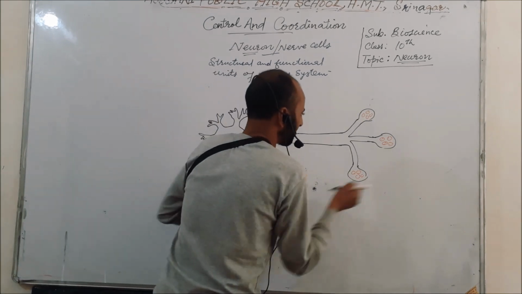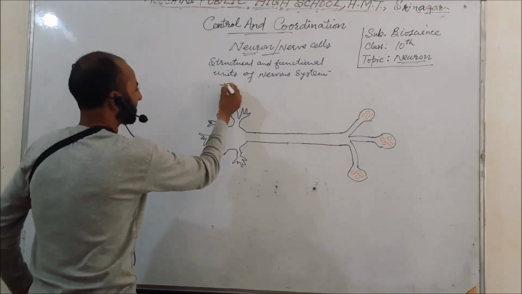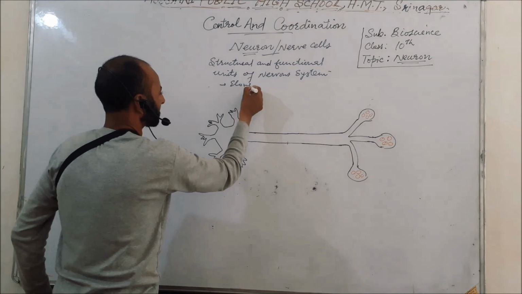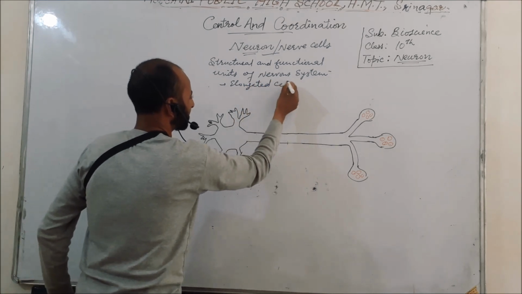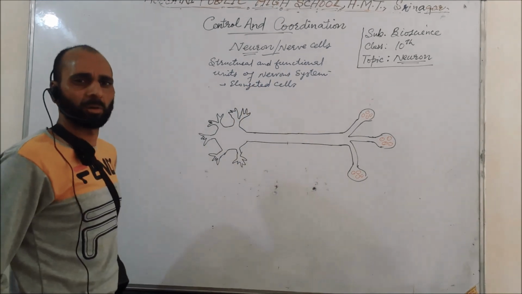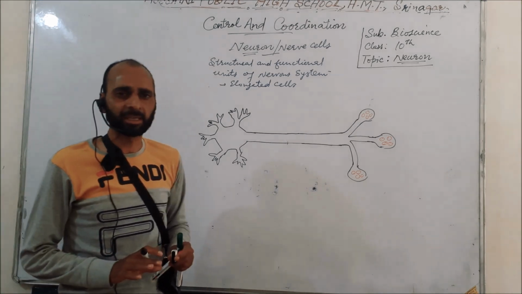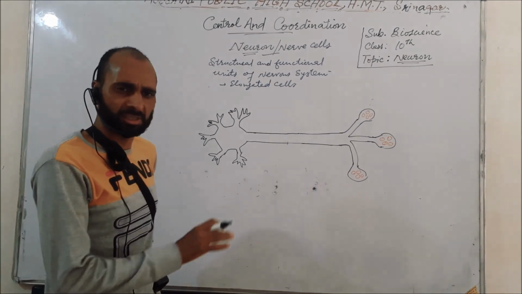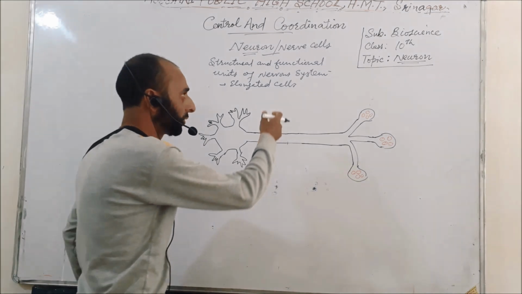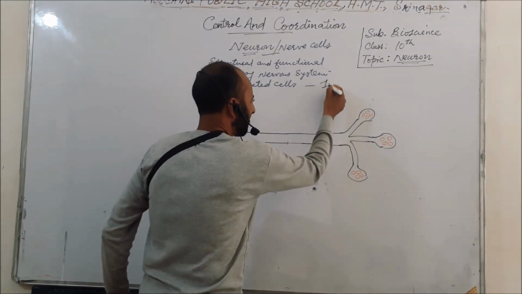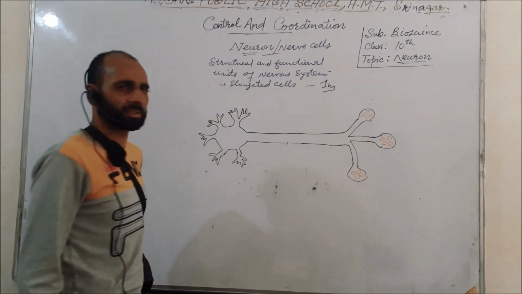So neurons are elongated cells. The neurons of the nervous system are elongated cells, and these are the largest cells in our body, and they can go up to 1 meter in length. They are very large cells in our body.